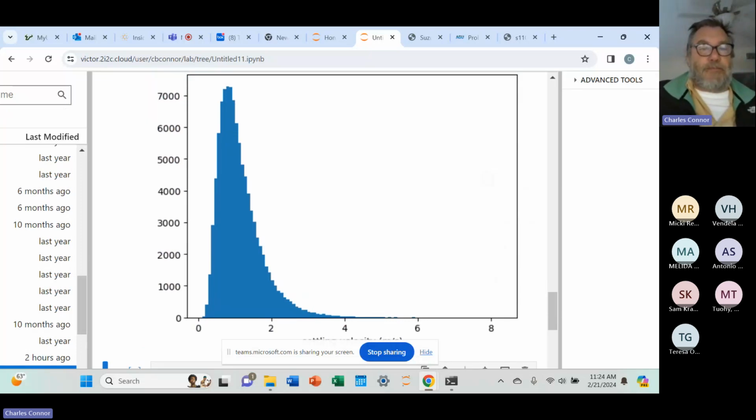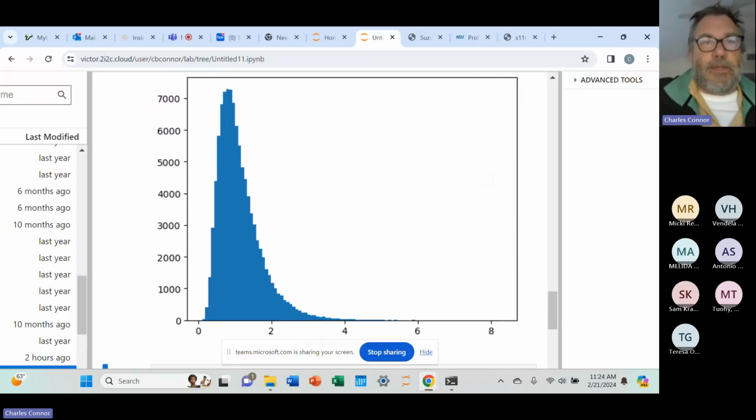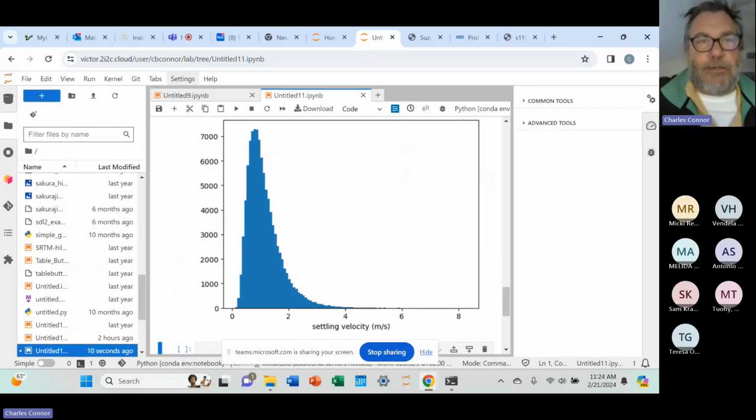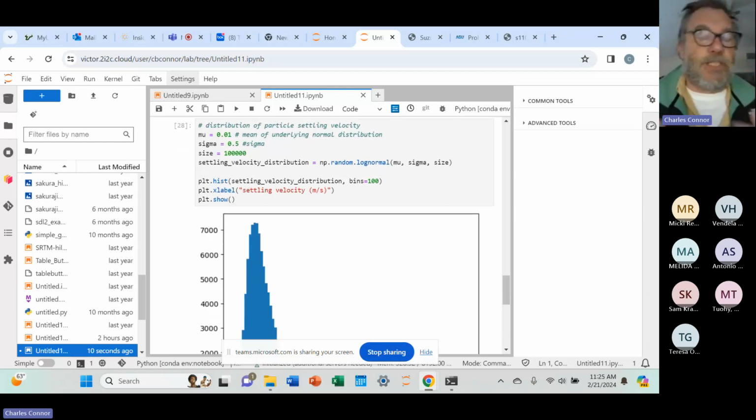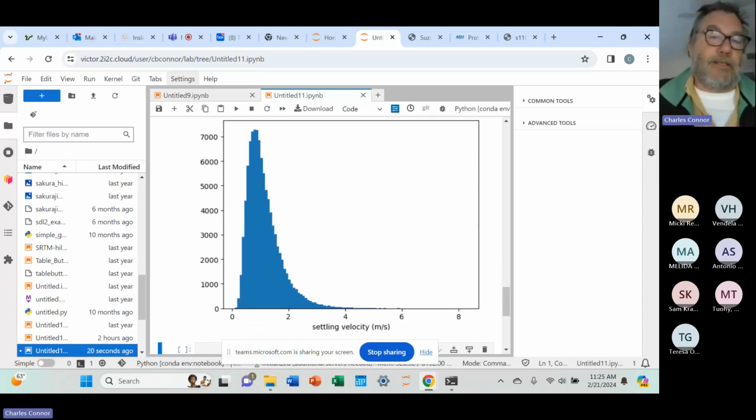So those would be very fine particles, out to pretty fast settling velocities, 4-6 meters per second in the tail of the distribution. And so if I've got a normal distribution in phi units, I've got a log normal distribution of particle sizes. There's a relationship between particle size distribution and settling velocity. But here I've just coded it up in terms of settling velocity. I've said, okay, I've got a log normal distribution of settling velocities, and this is it.